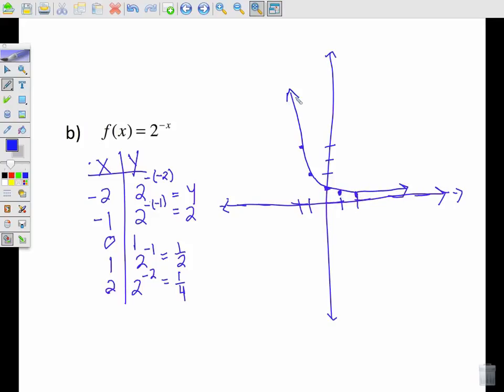And that's what is going to be your exponential decay. So we've got our point 0, 1 as being an intercept. We've got y equals 0 being an asymptote, and this is a decay function. These are some important parts to it. You can see as x goes to infinity here, the graph is getting smaller and smaller, and that's a decay.